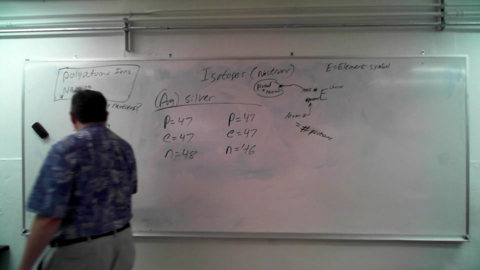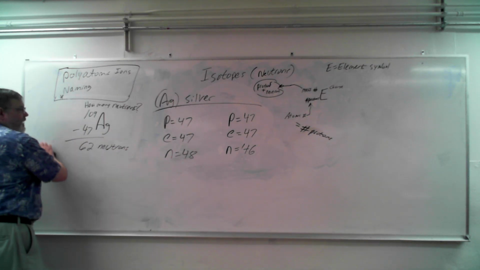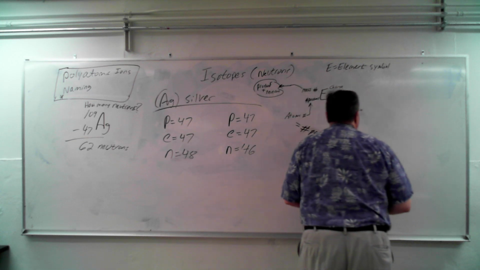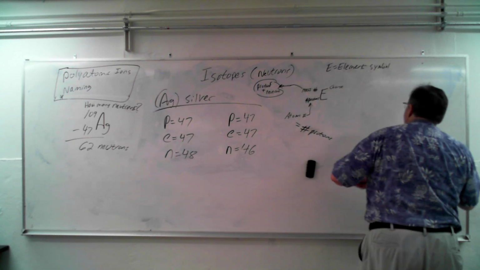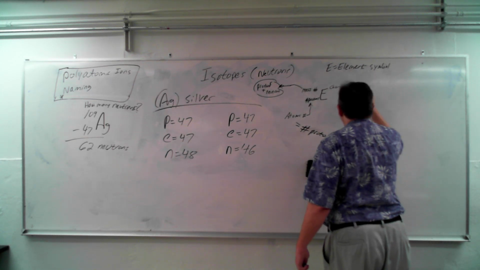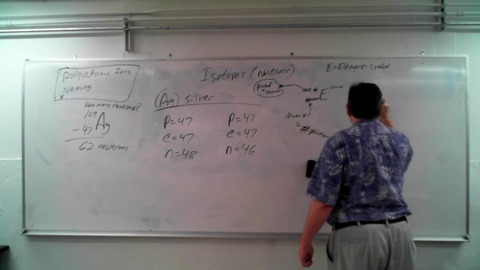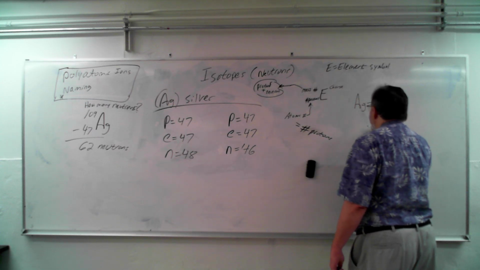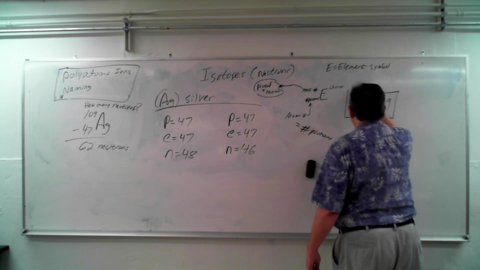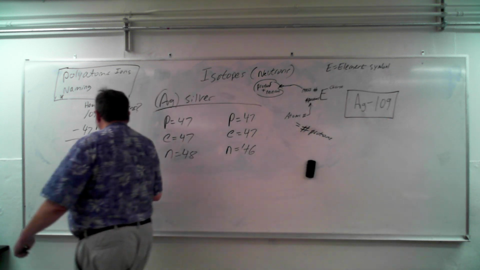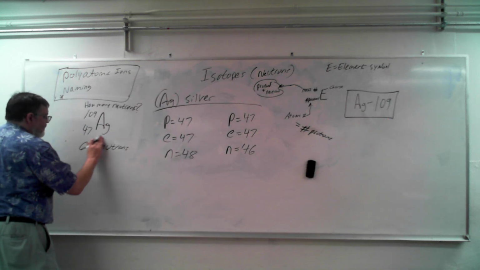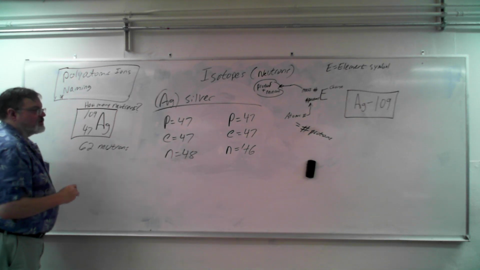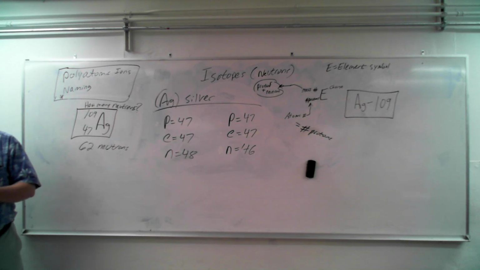The other way we represent isotopes is, I guess I'll write it right here. You might see this and this, that's just two different ways to represent the same thing.